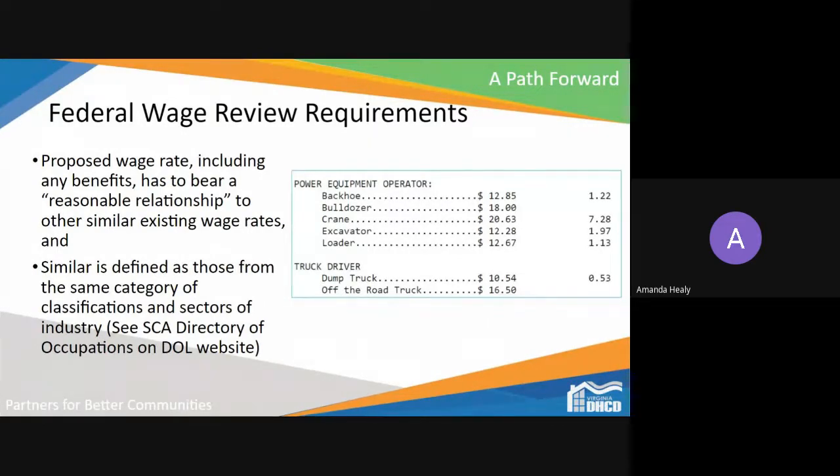So let's say you want to add under power equipment operator a roller. You would want to make sure that what's being proposed is similar to the other information under power equipment operator. You're not going to look at what a truck driver is being paid because you're hoping that you can pay something less. You have to compare apples to apples. So that's what that means. Next, please.